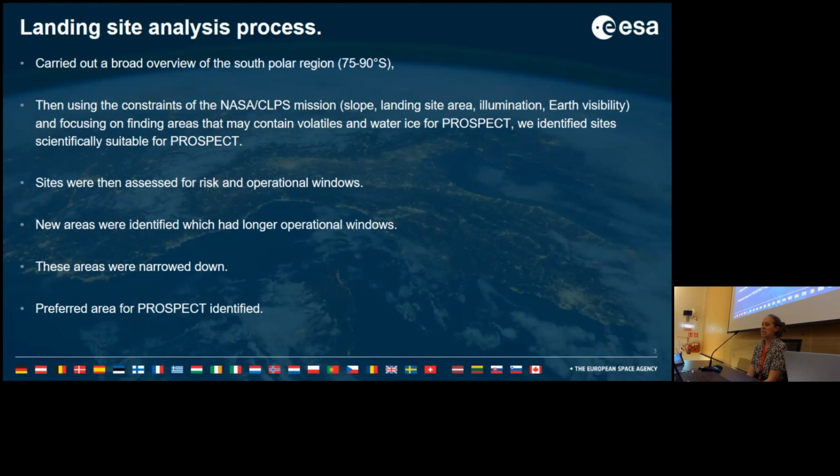We then assessed the sites that we identified for risk and their operational windows available. From this, some of the sites we'd identified didn't have quite as many operational windows as we'd like, and therefore new areas were identified which had longer and more frequent operational windows. These areas were narrowed down further, and then a preferred area for Prospect has been identified.